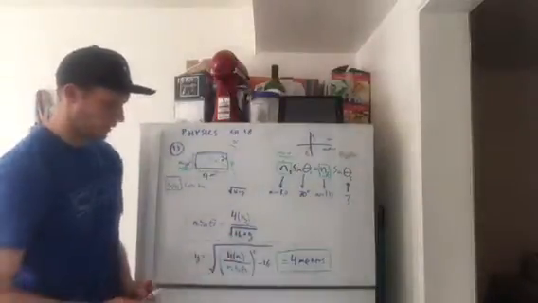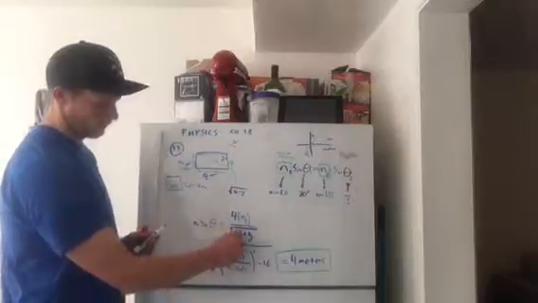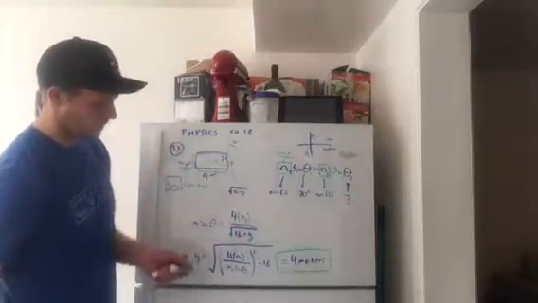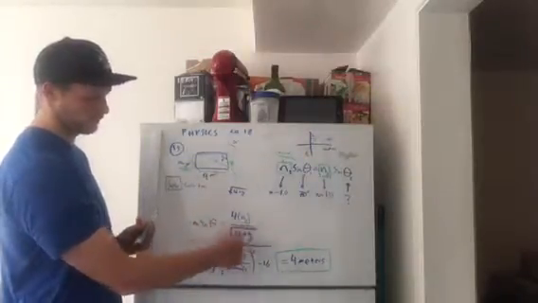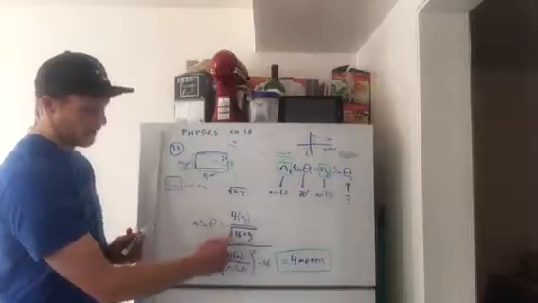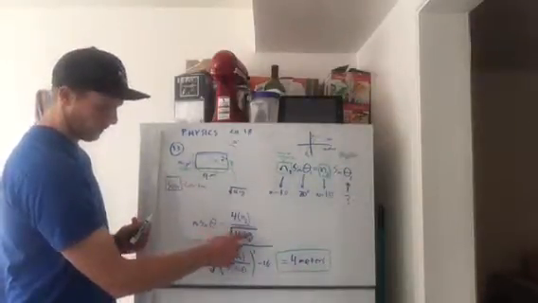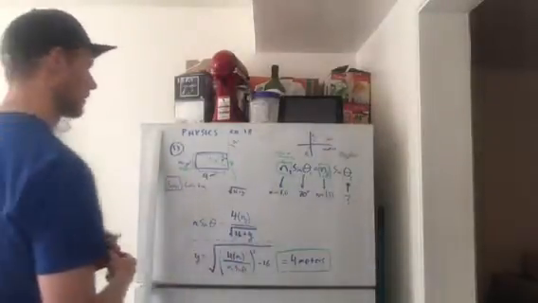Once we swap these right here, then we square it to get rid of the square root, and then we subtract the 16. Actually, this was squared.